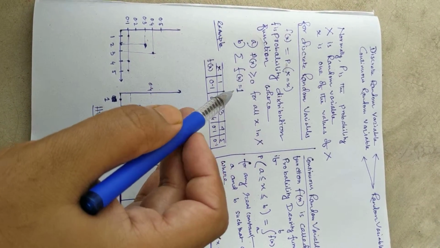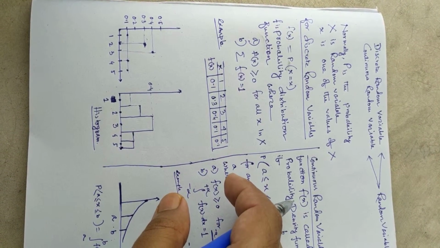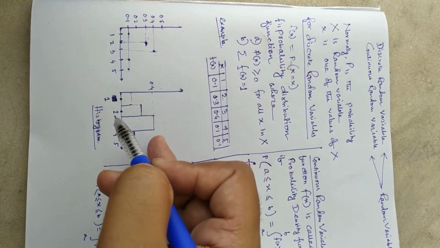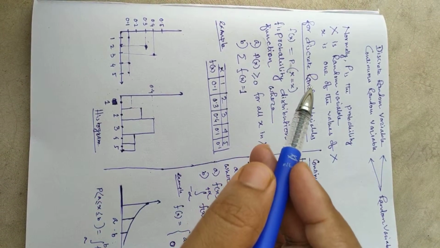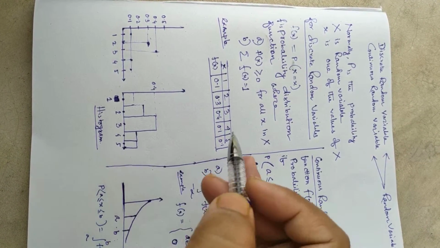Now, how do we define the probability distribution function here?